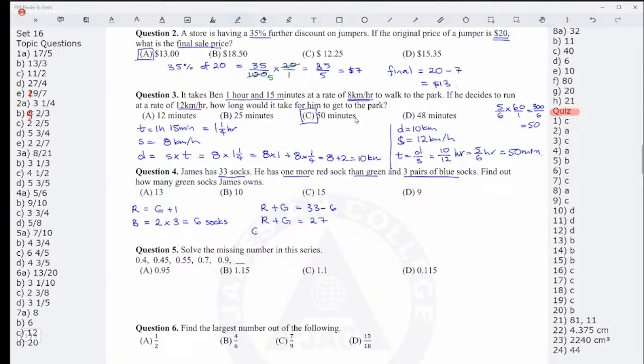So what we can do here is green plus an extra 1 and add that to the green equals 27. So that means green plus green is equal to 27 minus the extra 1. So 2 lots of green is equal to 26. So all we need to do now is 26 divided by 2, which means green is equal to 13. So there is 13 socks altogether. So most likely he lost 1 sock.